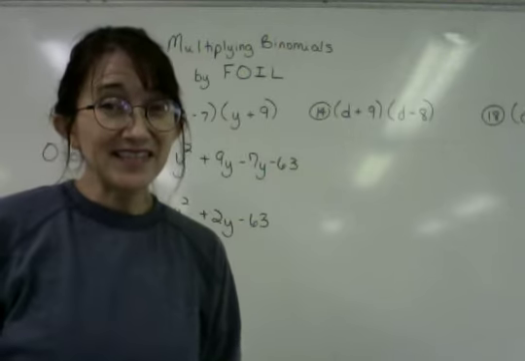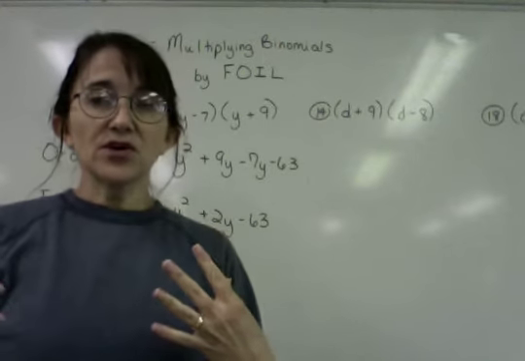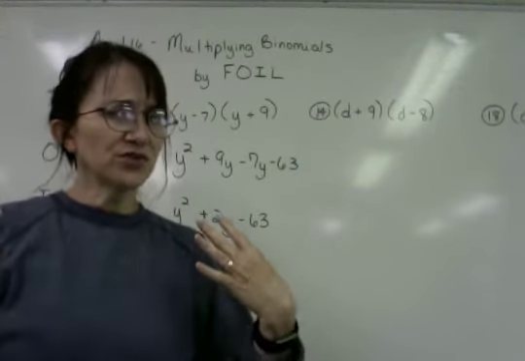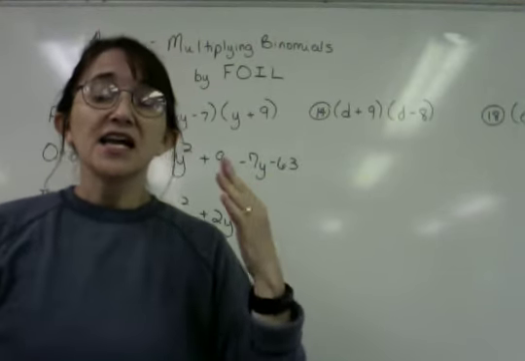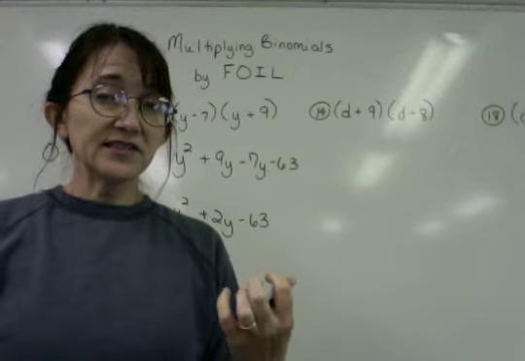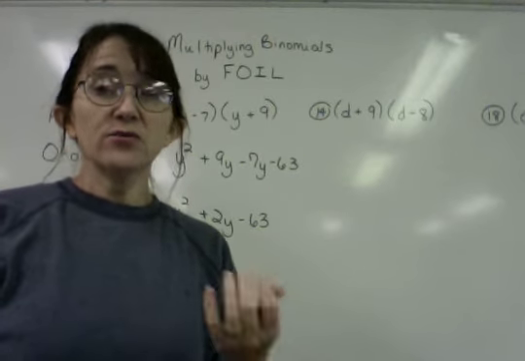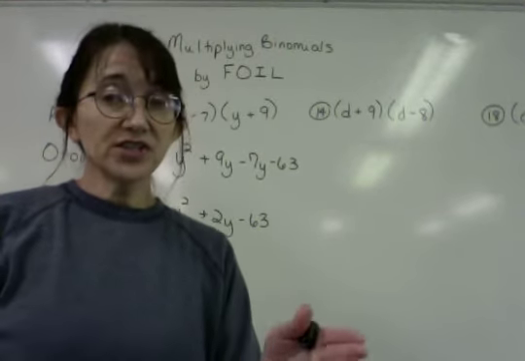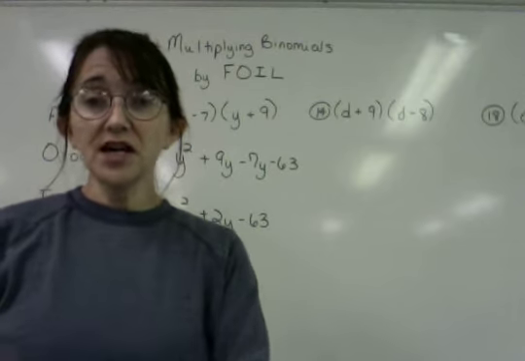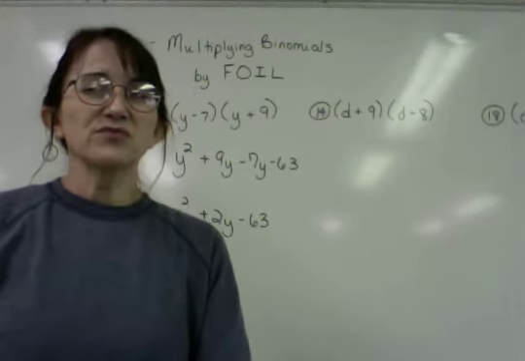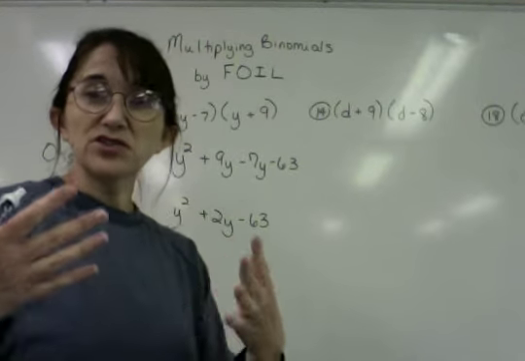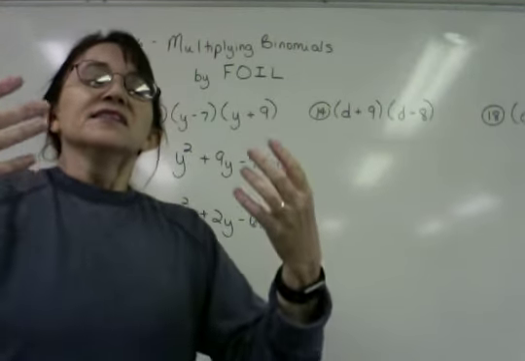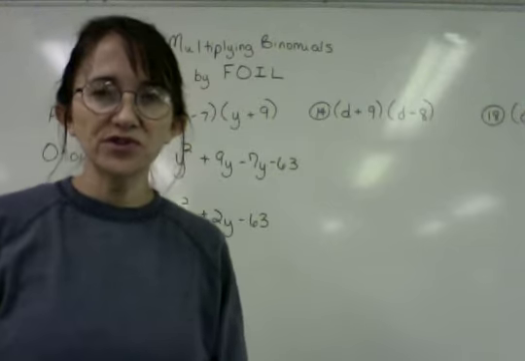You're going to need that in future lessons. So make sure you don't just blow it off and say, hey, I know this. If you can really get this in your brain right now, it will help you in the future, not just in Algebra 1, but in Algebra 2. You're also going to find that some of these products are used in geometry. So make sure you take a deep breath and learn these products.